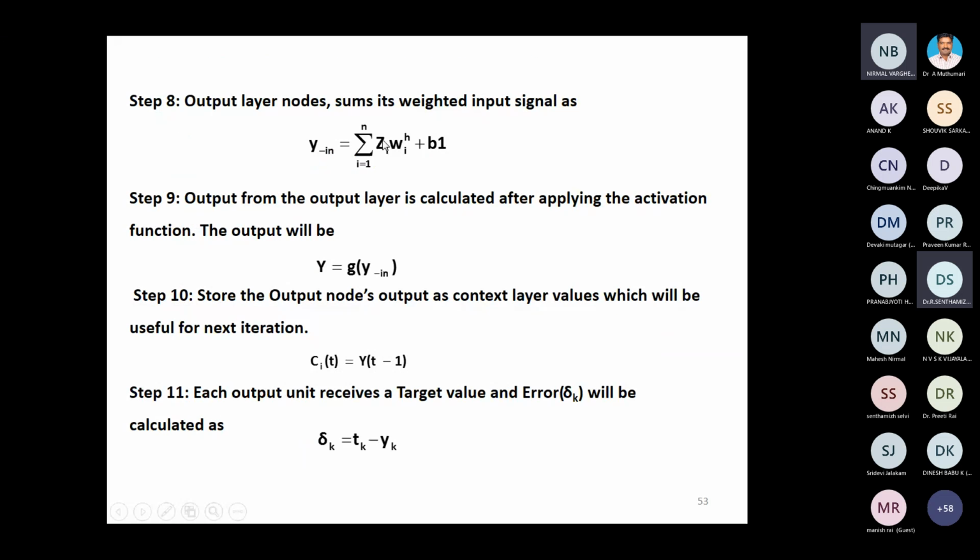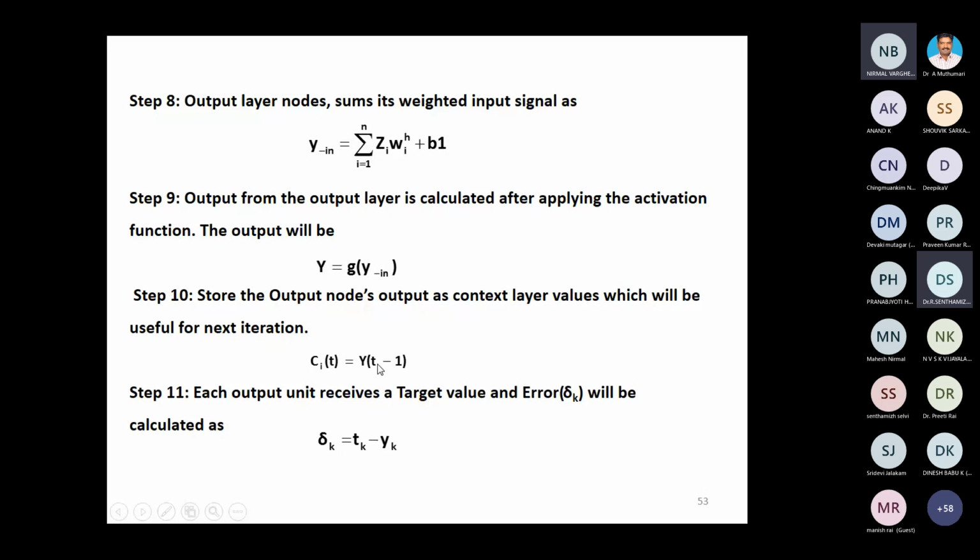So the input of your output layer is combined with the weight values from hidden to output layer plus bias value. Now these values go via the activation function. Then finally you get the output value at the output node. And this is the concept: you get the delayed output at the context layer because of the feedback path.